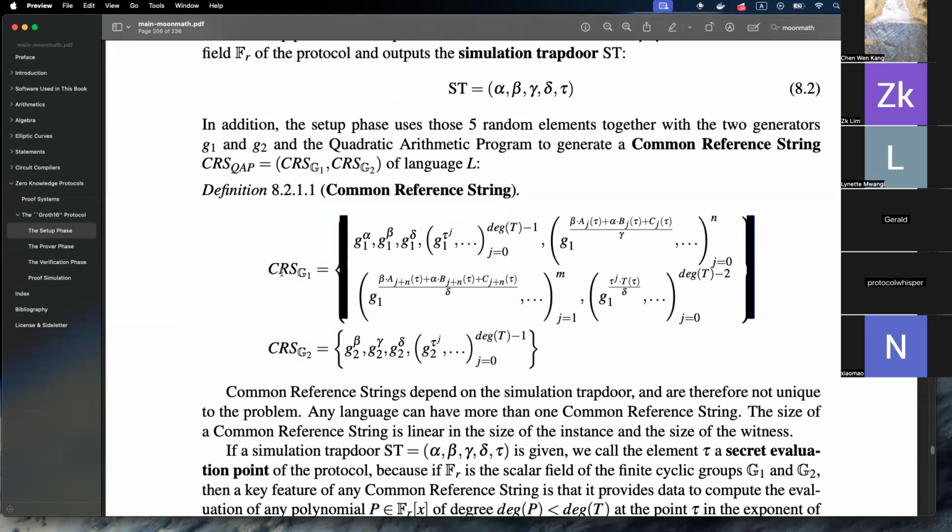CRS G1 is computed on the G1 group, and CRS G2 is computed on the G2 group. Notice we compute a lot more from the G1 group than the G2 group in this specific case.